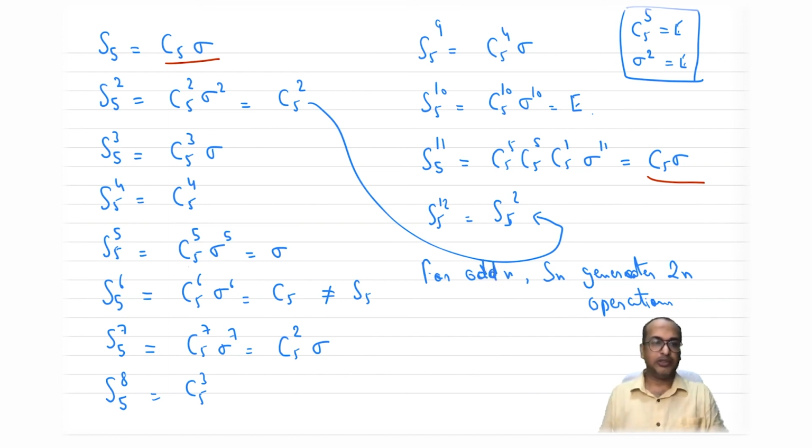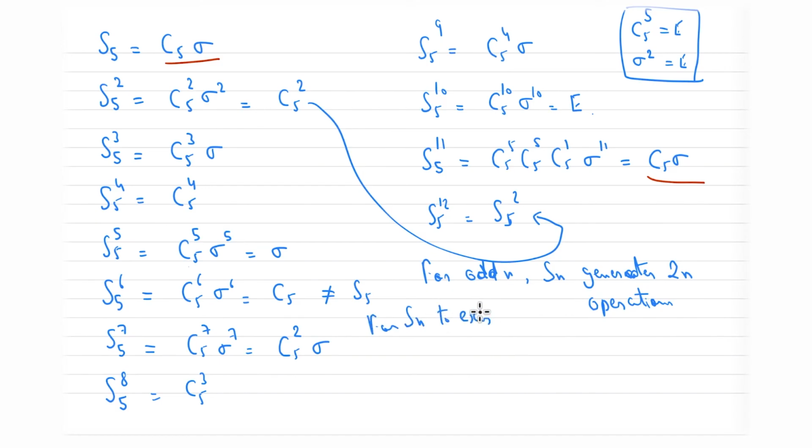All right. So this is simple. And one more point here is that for Sn to exist, Cn and sigma must exist independently.